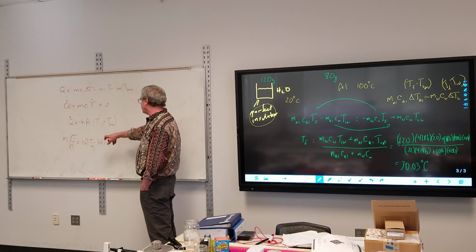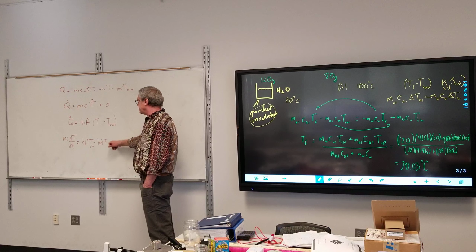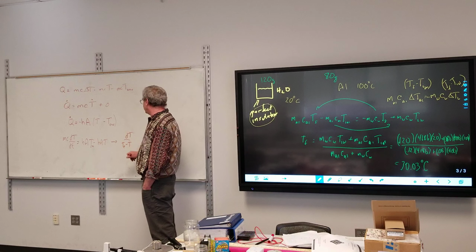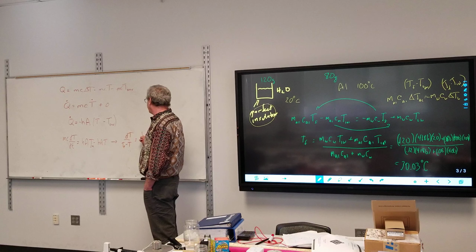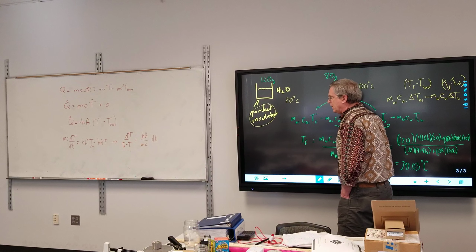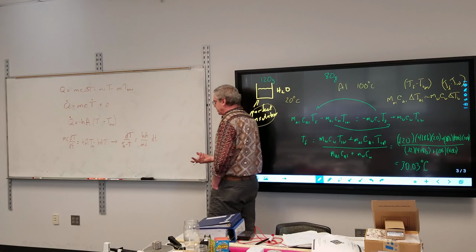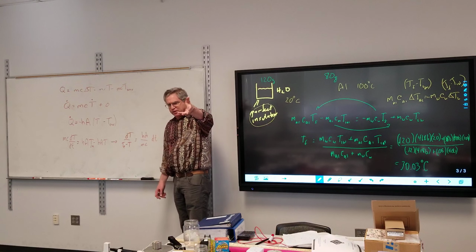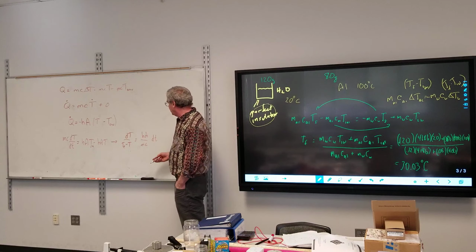I did not need to factor that, but I'm now going to solve. It's a first order differential equation. So I have dT over T_environment minus temperature of the probe is equal to HA over MC dt. H is specific to the material. A is the area of the object itself, the probe, basically a cylinder.